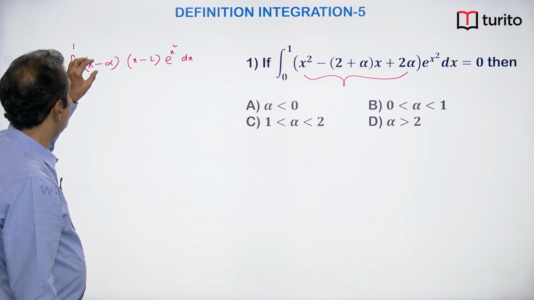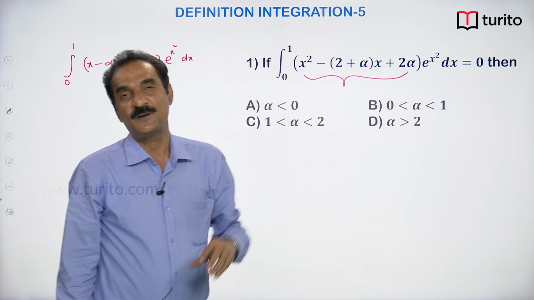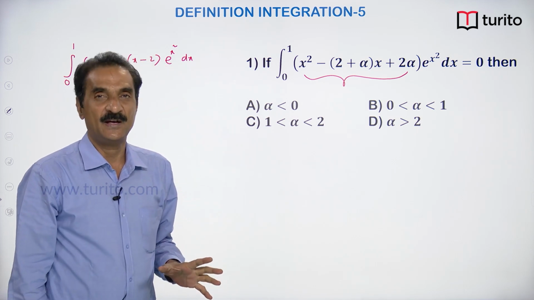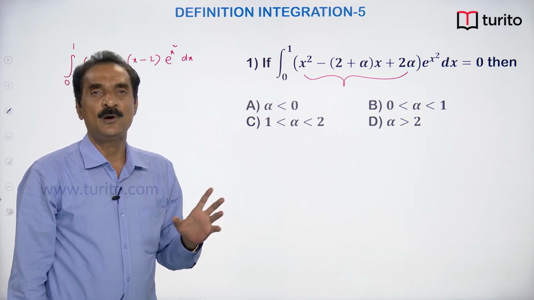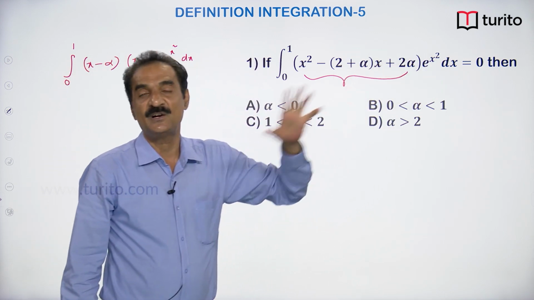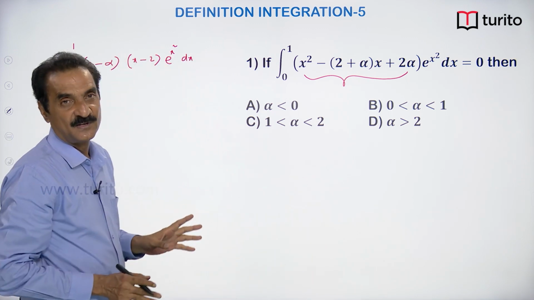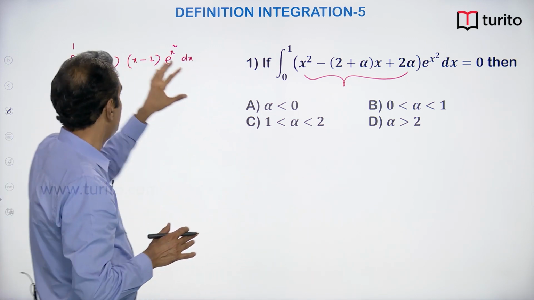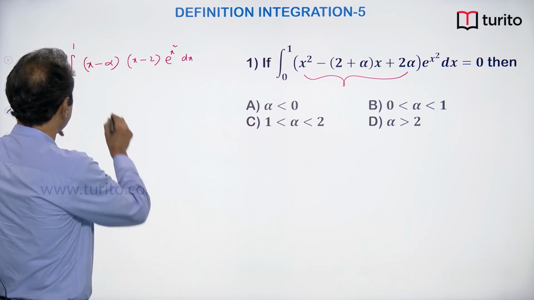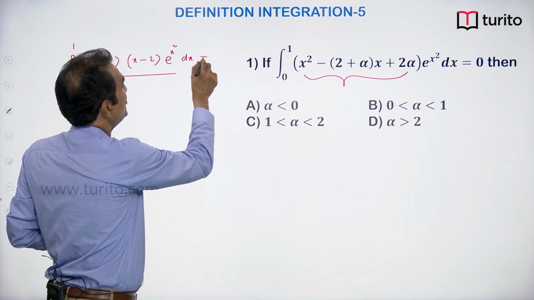Now, x minus alpha into x minus 2, that is quadratic. A quadratic function is continuous everywhere. Any polynomial function is a continuous function, and e power x square is also a continuous function. So, their product is a continuous function. So, this whole function is continuous, but integral 0 to 1 f of x dx is 0.